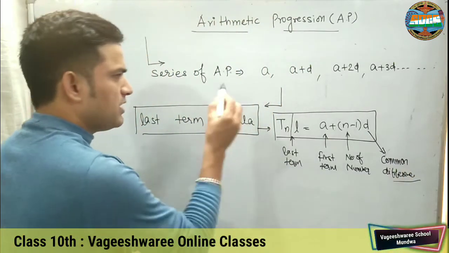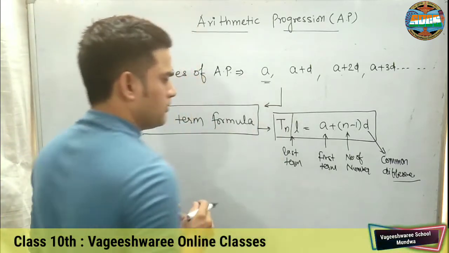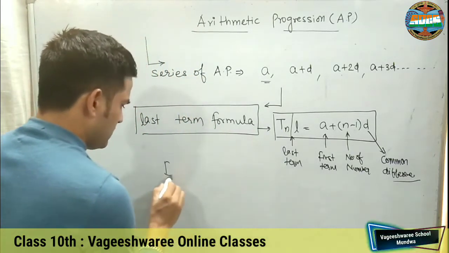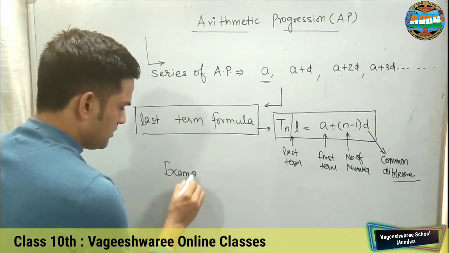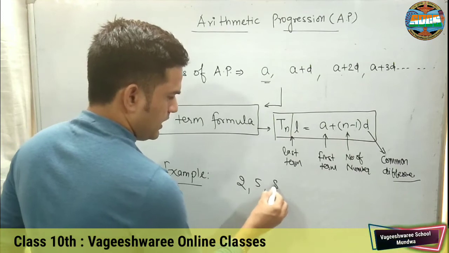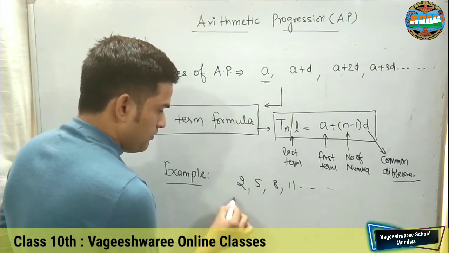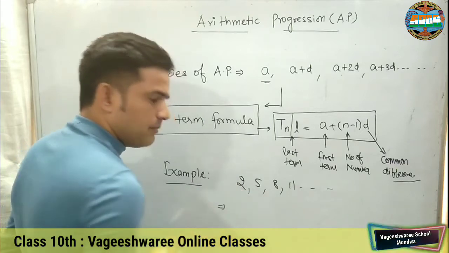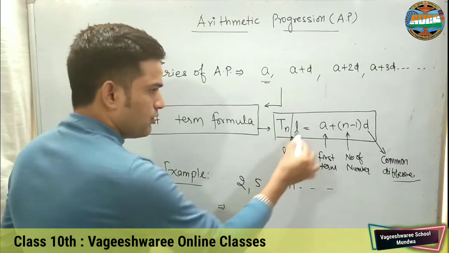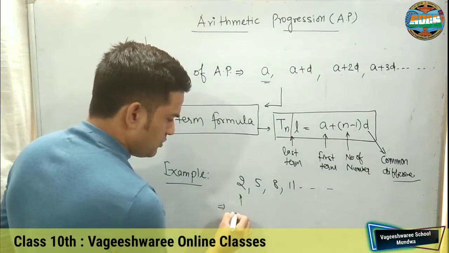So the first term of an AP is known as A. For example, 2, 5, 8, 11, and so on. We can find the last term of this AP using this formula, where A is 2.